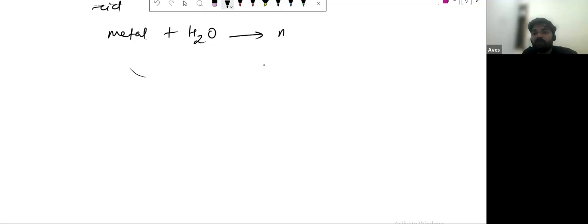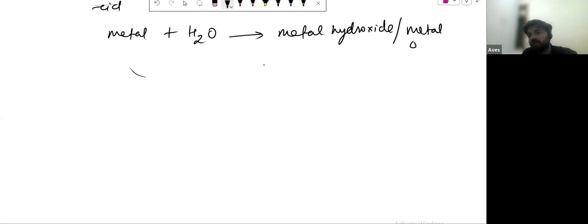They form metal hydroxide slash metal oxide plus hydrogen gas. Note it down properly. Everybody note it down properly: metals when react with water form metal hydroxide slash metal oxide.